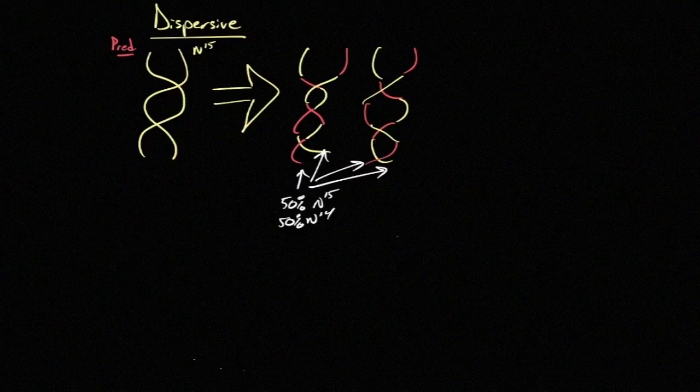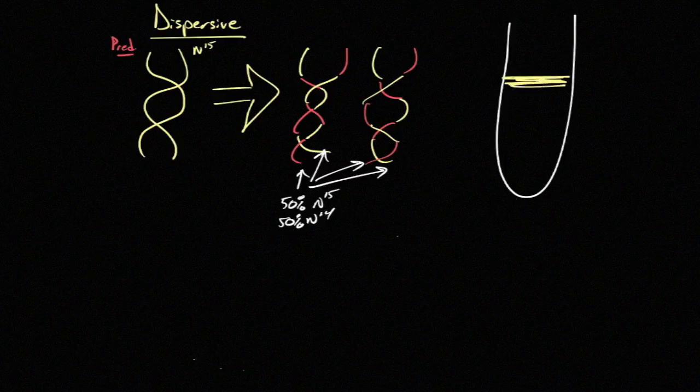All right, 50-50. So what would you expect if we put this in a density column? Would you expect to see two bands? Where would they be? Would they be in nitrogen 14 or nitrogen 15? It'd be in the middle. As someone said, it would be in the middle again. That's right. It would be right in the middle.